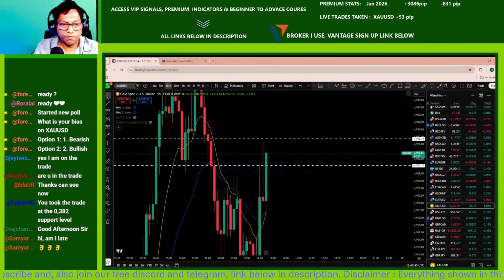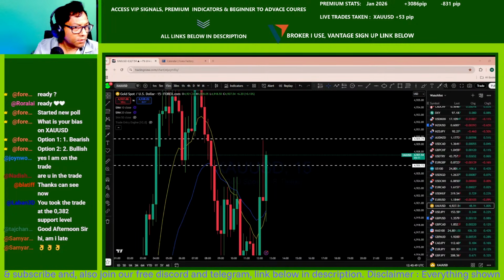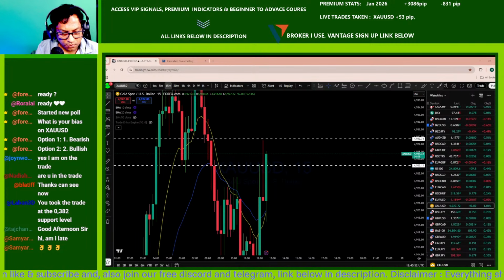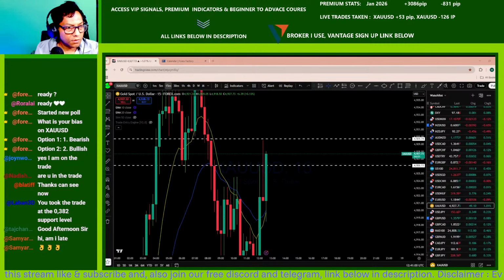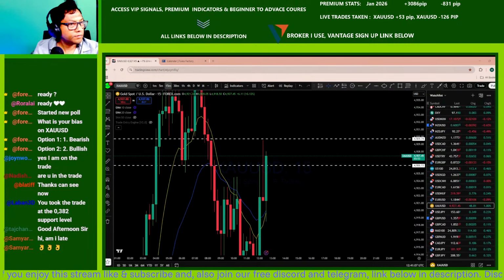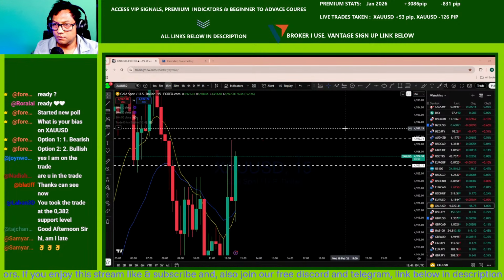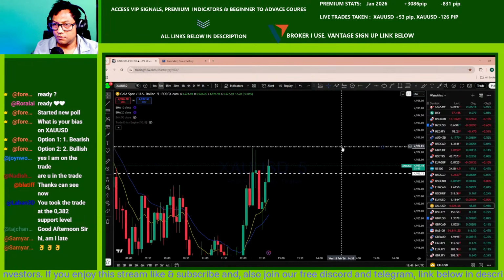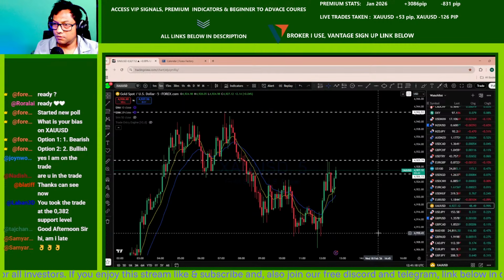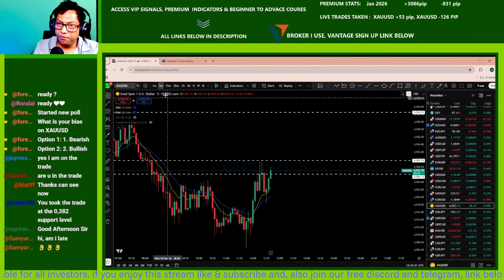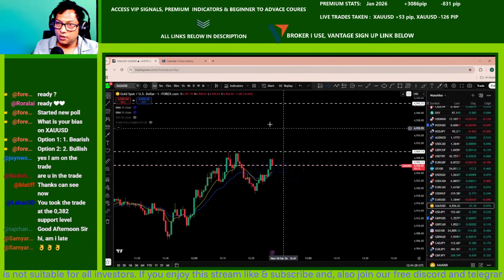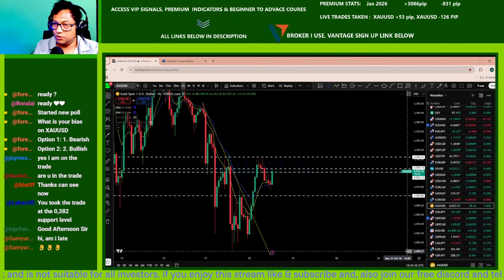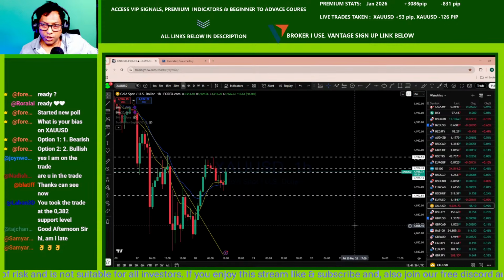It can be an entire move back above, or you could see it forming a triple top or penetrating above here, and the market continuing to trend down.